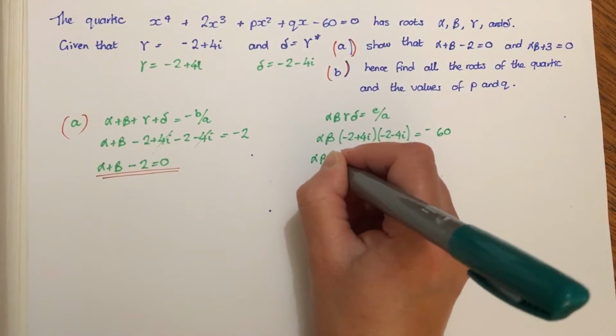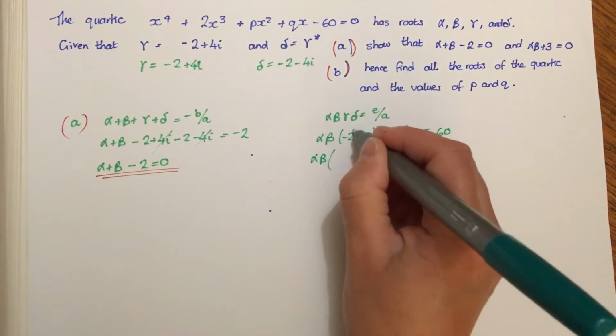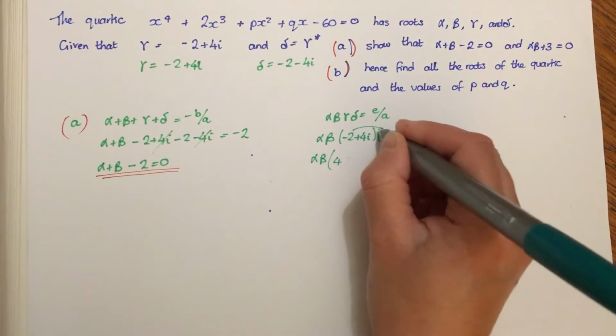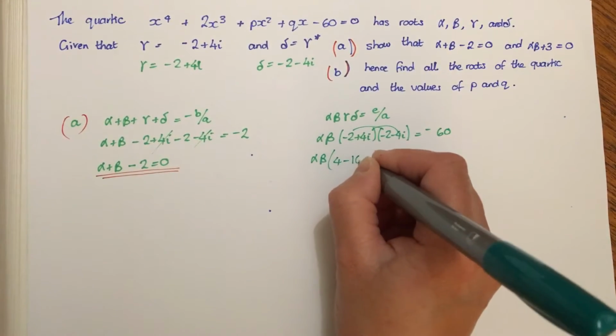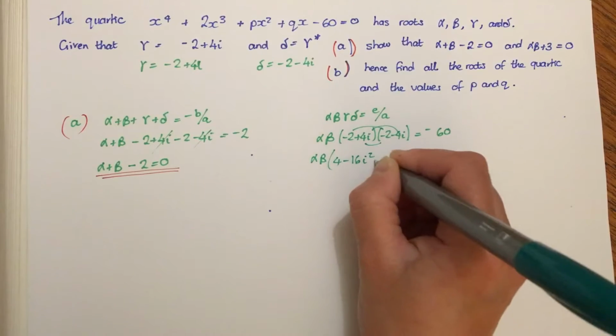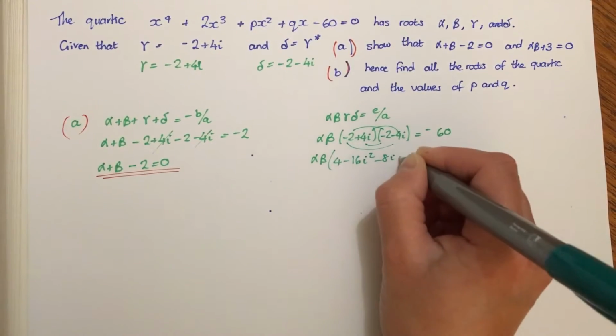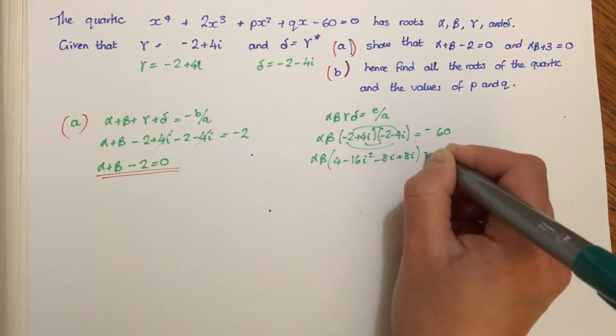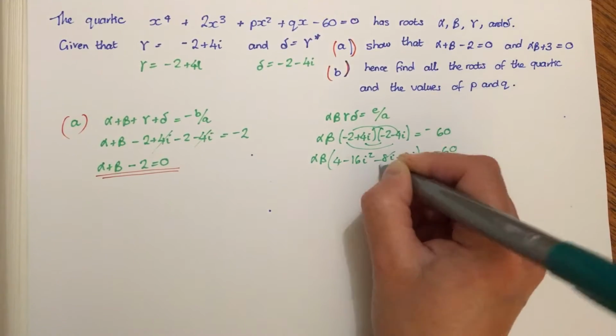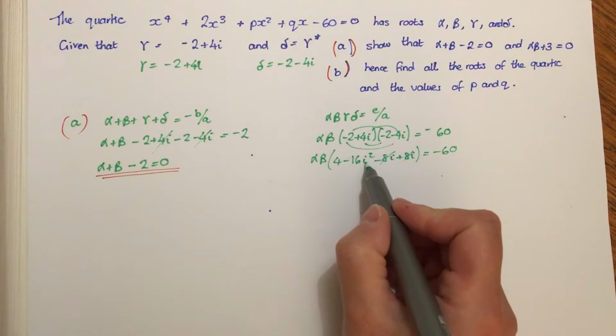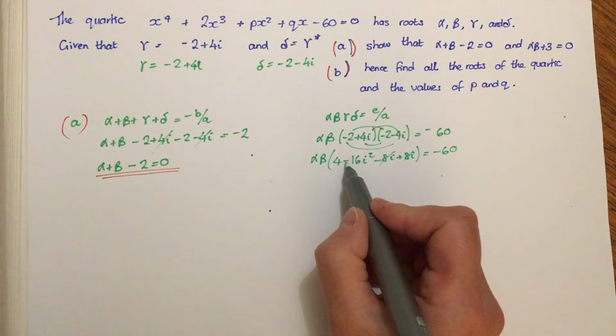Okay, alpha, beta. If I multiply these out, I've got 4 minus 16i squared minus 8i plus 8i. So those two are going to cancel out like they always do. i squared is minus 1 times minus 16 is plus 16.